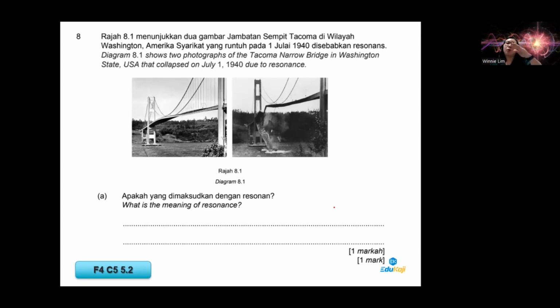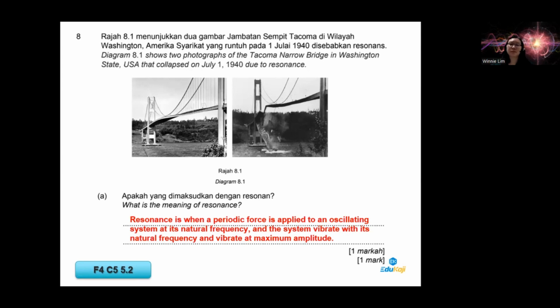What happens is the object will vibrate at maximum amplitude, and hence in this case the Tacoma Bridge actually collapsed. According to the textbook, resonance is when a periodic force is applied to an oscillating system at its natural frequency. Then, like I said, the system will vibrate at its natural frequency and also at maximum amplitude.